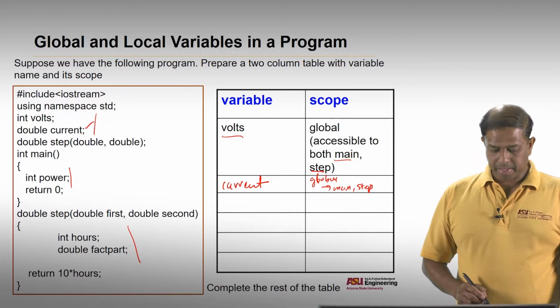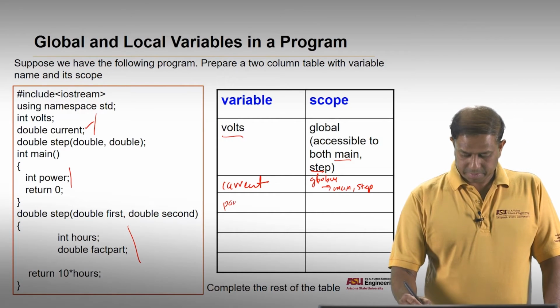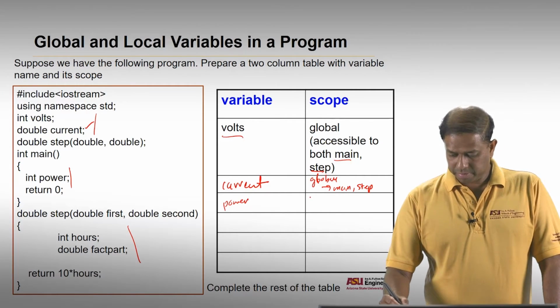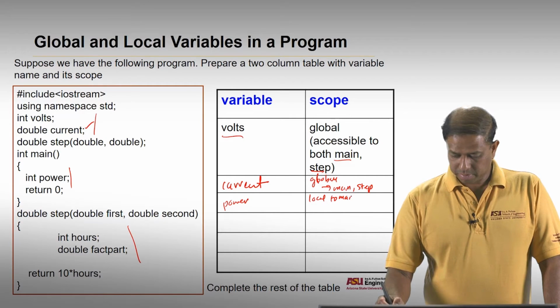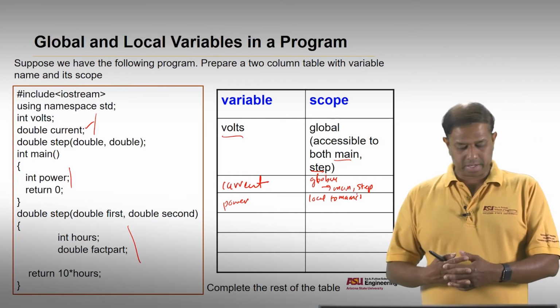All right. Now the next variable definition is power. Power is defined inside the main, so it's a local variable to main. So that's the only method that can access that particular variable.